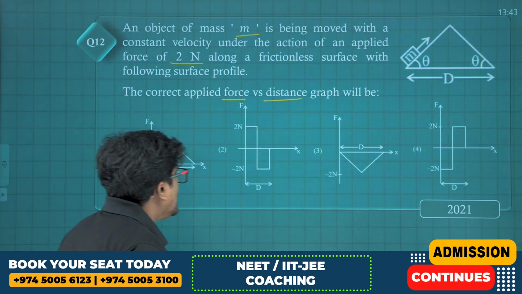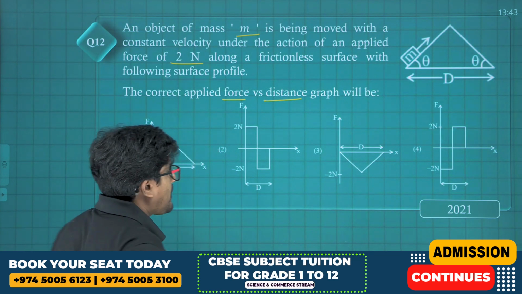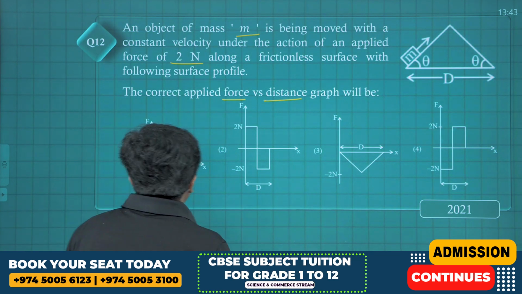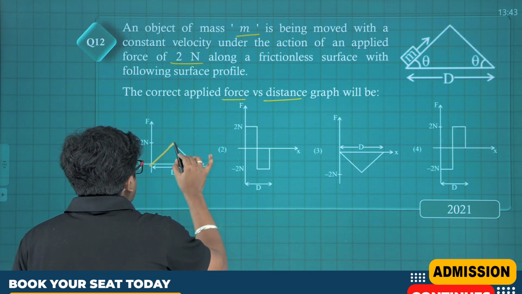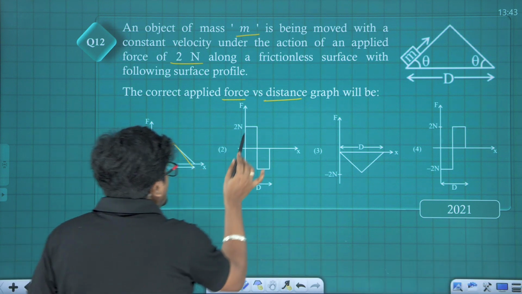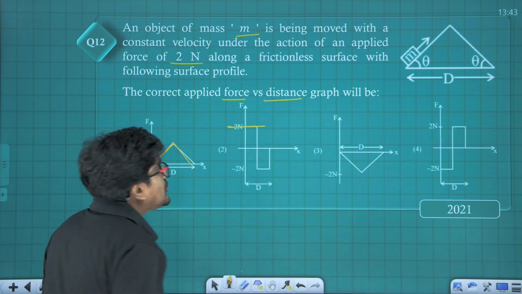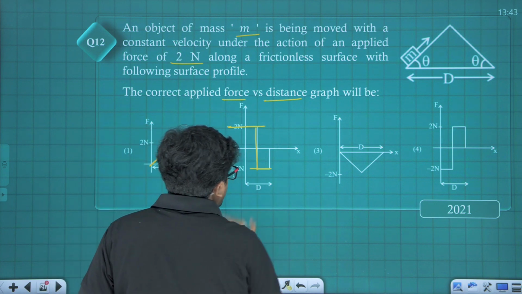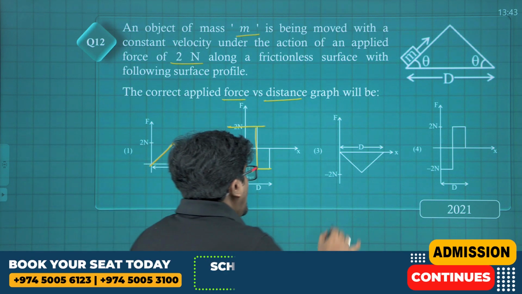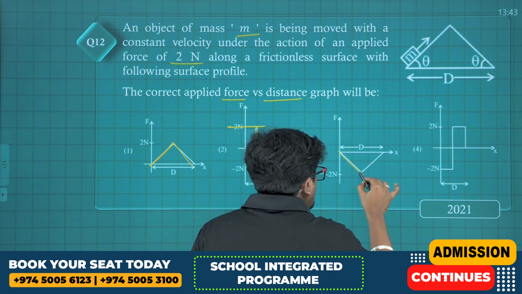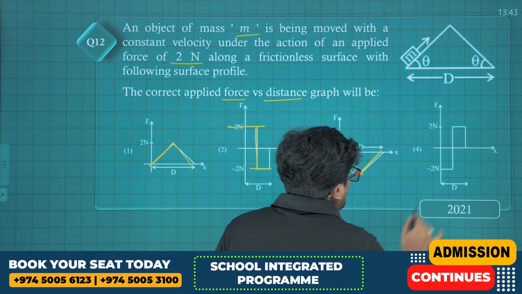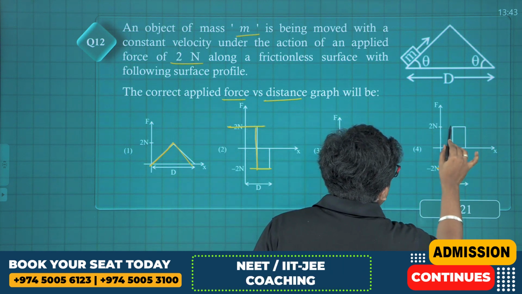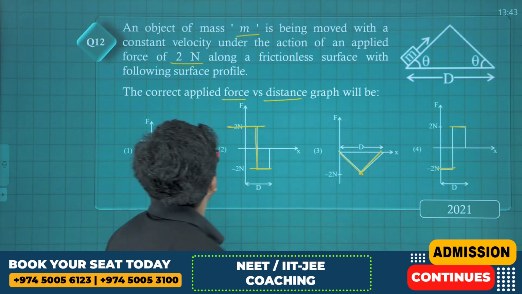Now the problem over here is, see the graph. The graph says here the force is increasing to 2 Newton and after that decreasing. Here it says that it remains 2 Newton only, and all of a sudden it will reverse and become minus 2 Newton, and it's decreasing towards 2 Newton and increasing towards 0, and here it is minus 2 Newton in the beginning and plus 2 Newton towards the right.